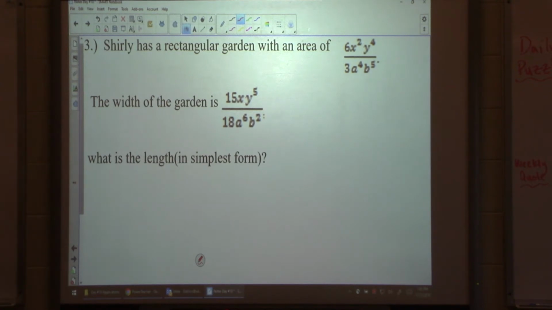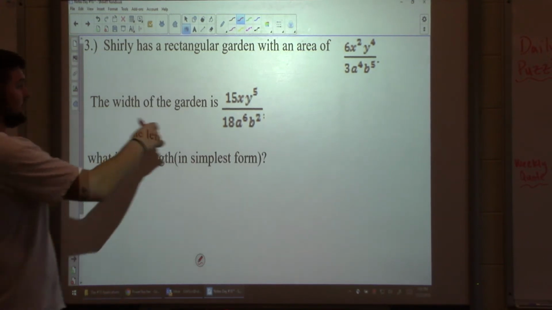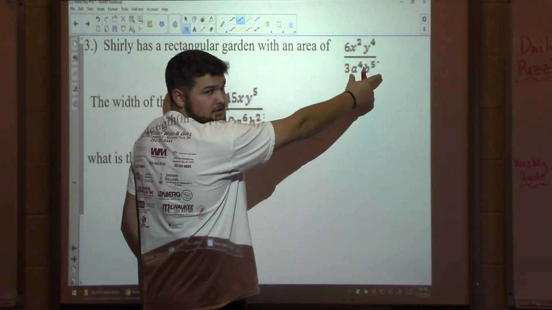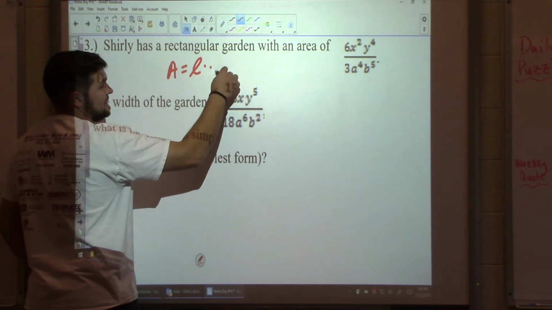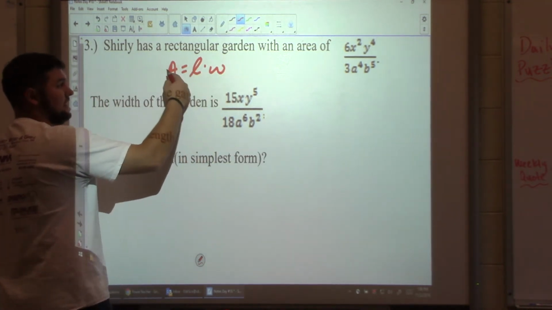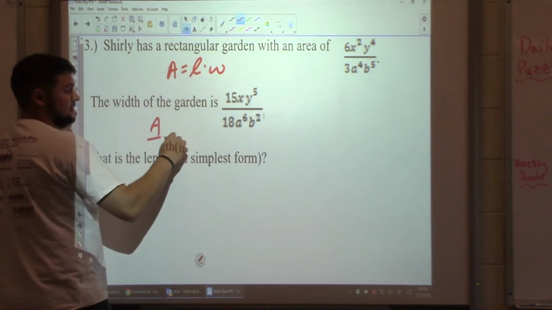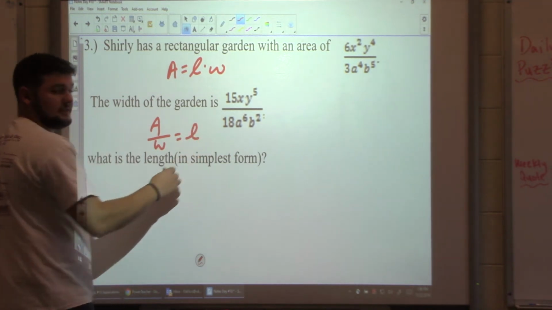Well, I know how to find area, but I don't know how to find length. Divide them. So this one divided by that one? Right: area equals length times width, which means I'm going to divide the area by the width to get my length.